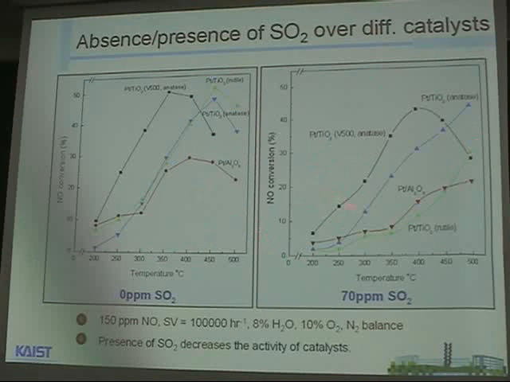And this is the effect of, did you see that? And we find that anatase shows good results because the stability of sulfate is less on the anatase, but rutile shows remarkably less conversion, very bad in the presence of sulfate formation. And also alumina decreases because aluminum sulfate is formed.